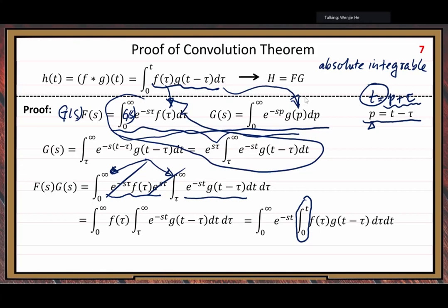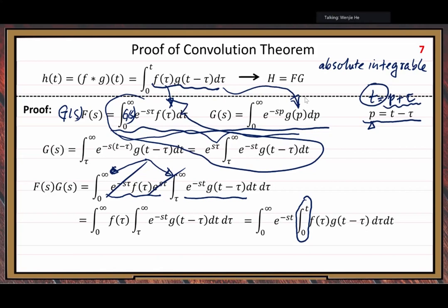Let me explain how we get the inner integral limits to change in this way. Other parts look fine, but the main change is in this inner integral limit. All right, let me draw a diagram to explain.